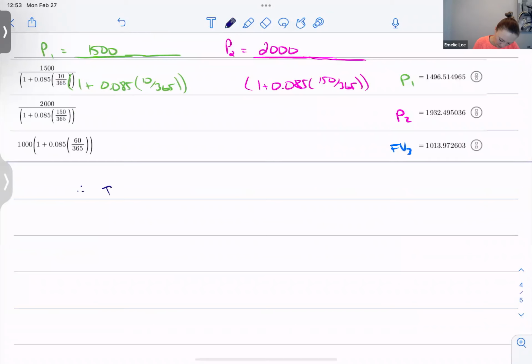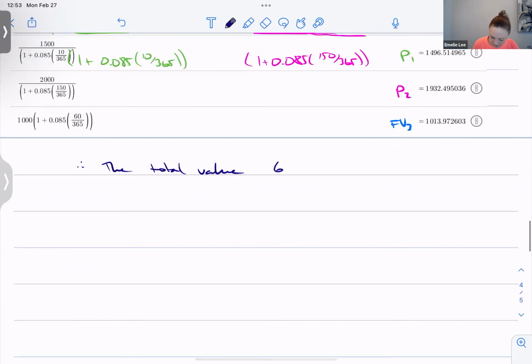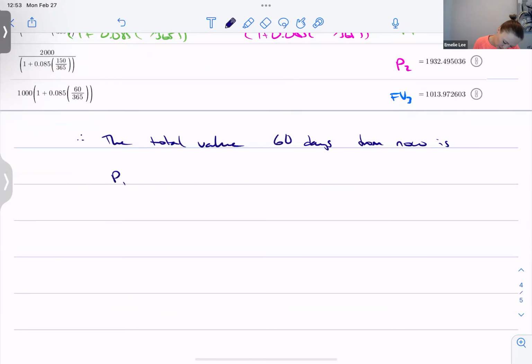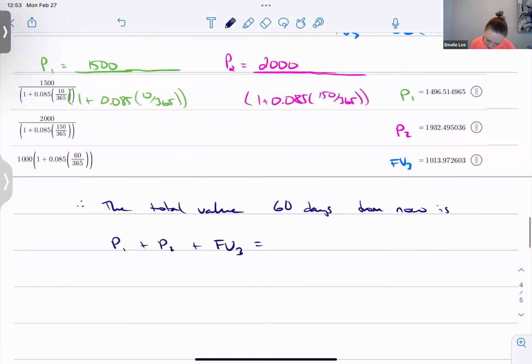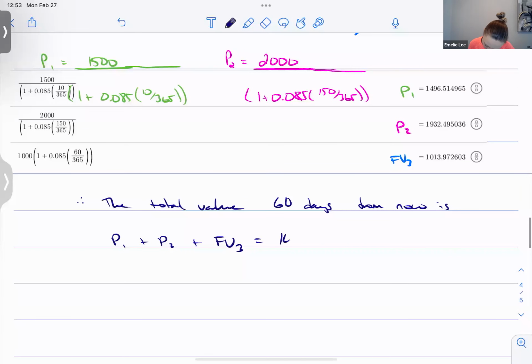So therefore, the total value 60 days from now is P1 plus P2 plus future value 3, which is, and I'm going to round my dollar amounts now. It's not going to make a huge difference, but technically these are all separate payments, so they would still be money, right? So we would round them.